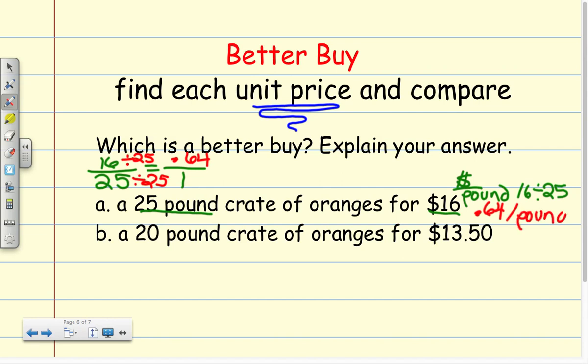Okay? All right, now we get to the second one. It is $13.50 for 20 pounds. Again, I want to know how much for 1 pound then. So I'm going to go dollars, again, over pounds, and I'm going to use my quick strategy. I'm just going to go whatever my dollars is divided by my pounds.